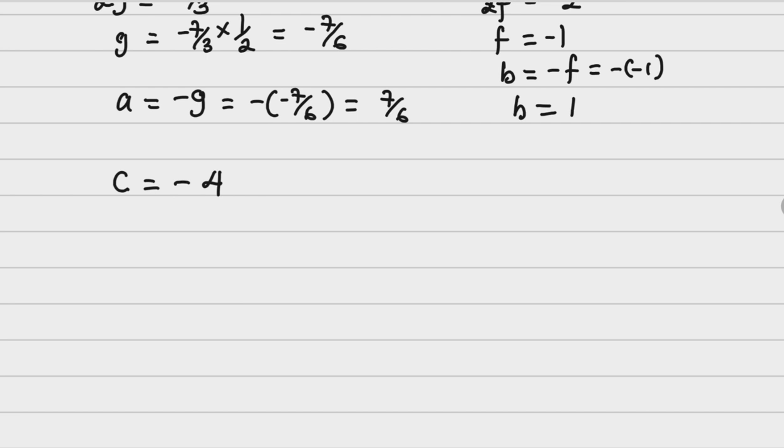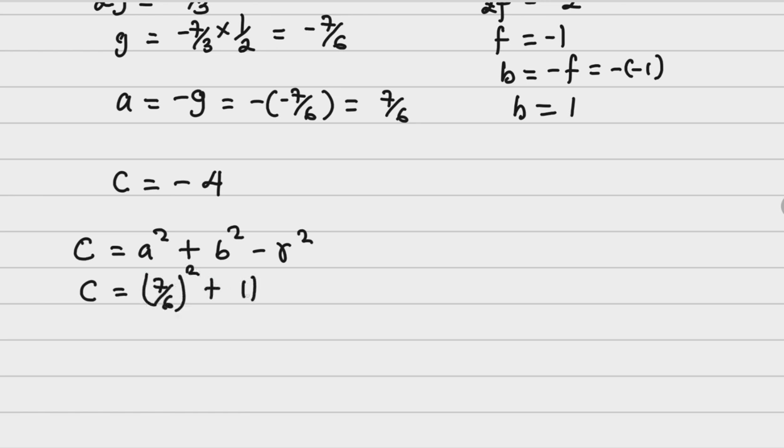Now the next thing I need to do is to find my radius. Let me find my radius now. So I know that c is equal to a squared plus b squared minus r squared. So my c will now be equal to a is 7 over 6 all squared, then plus 1 all squared, then minus r squared.